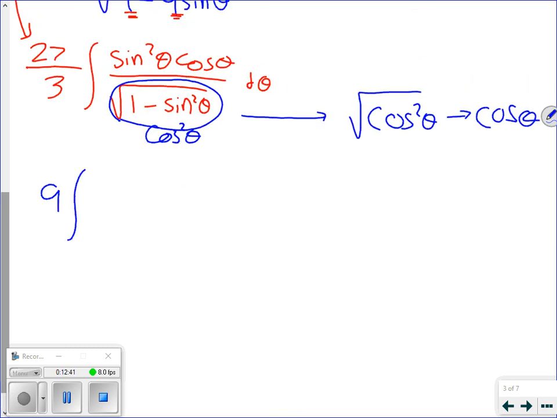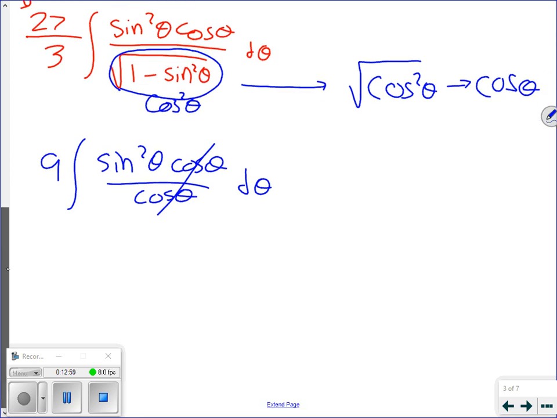We have 9 integral sine squared theta cosine theta over cosine theta d theta. And the beauty of how it's set up is the cosines are going to cancel. So simply put, I'm left with 9 integral of sine squared theta d theta. Yay!